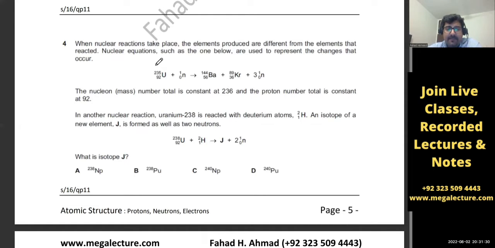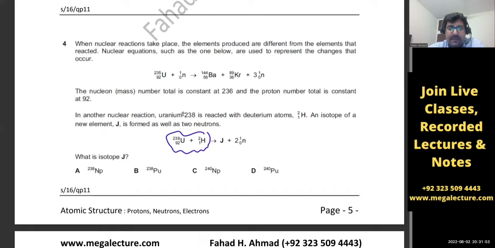So he's saying this reaction, this reaction over here, that the nucleon number remains constant and the proton number total is also constant. And there's another reaction going on. So nucleon number and proton number is constant.